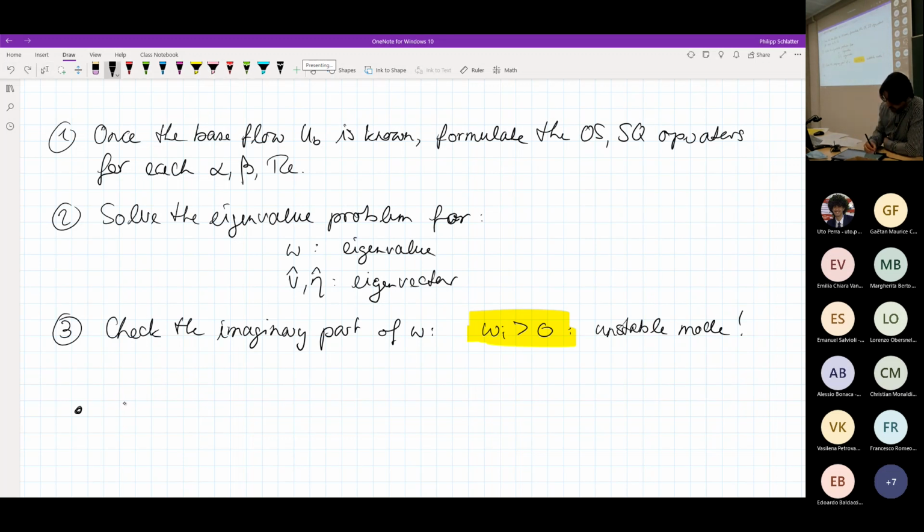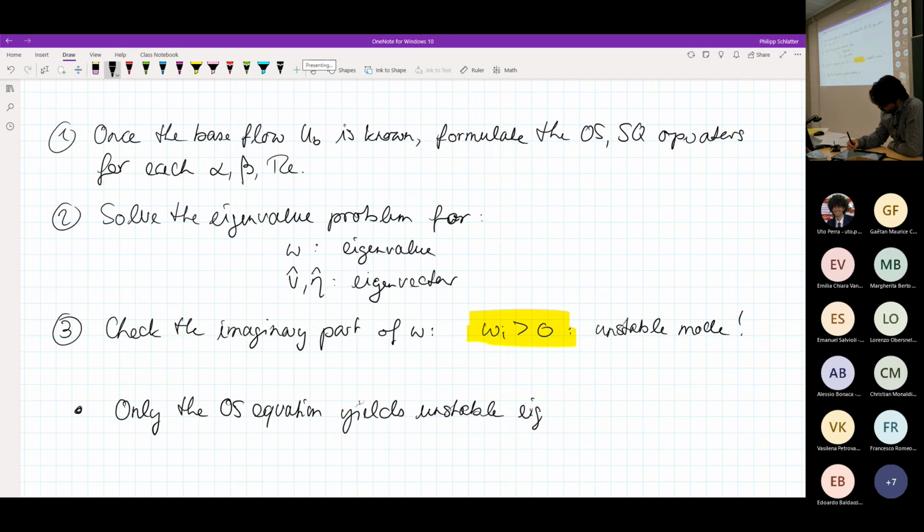The first one I will do without proof, but it's not so difficult to show. But it turns out that only the Orr-Sommerfeld equation yields unstable eigenvalues. The Squire equation on its own will not give you unstable eigenvalues.